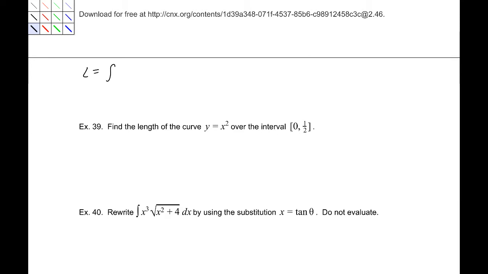Arc length is the integral from 0 to 1/2 of the square root of 1 plus f prime of x squared. So f prime here is going to be 2x. So square that, we have 4x squared dx. Now this is of the form a squared plus x squared. Okay?